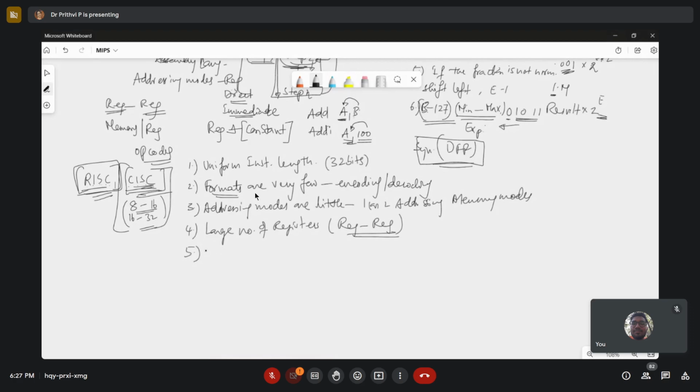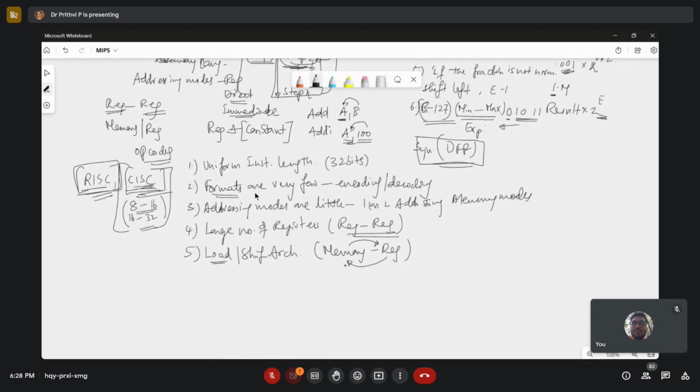And another element is that we have only a load or store architecture. What is the use of this load or store? Loading or storing is between the memory and the register. Say an instruction is given as a load, it will transfer the memory data to the register, and the store operation will transfer the register to memory.